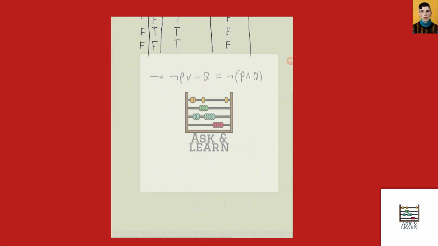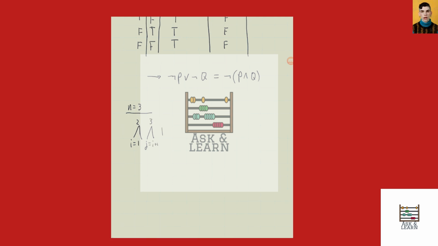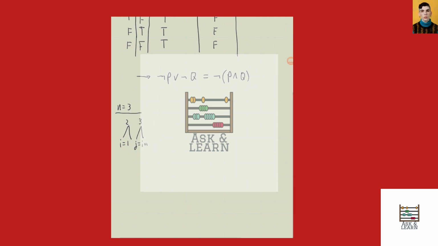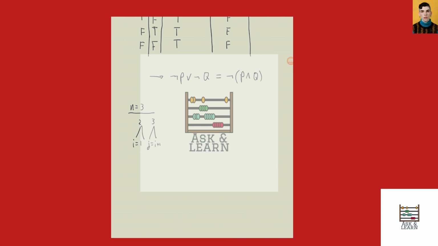So let's look at just a simple n equals 3 case. We have our conjunction from i equals 1 up to 2, since it's n minus 1, and then j equals i plus 1 up to 3. Now we can exchange the not P or not Q for not (P and Q).